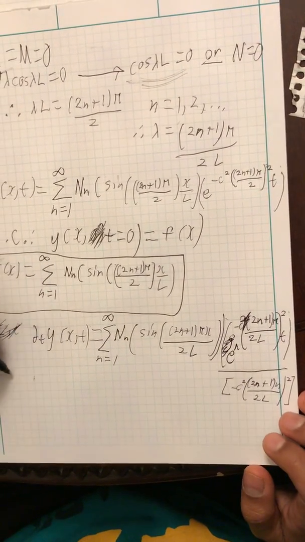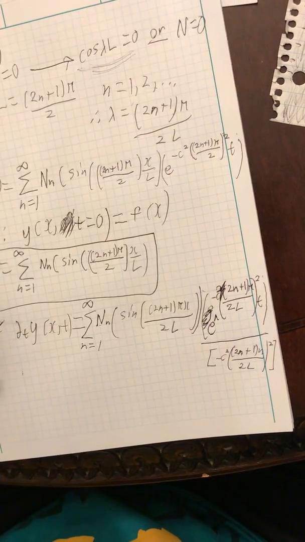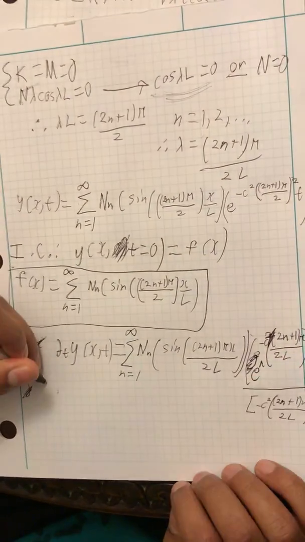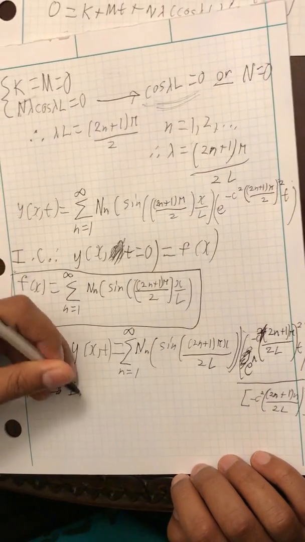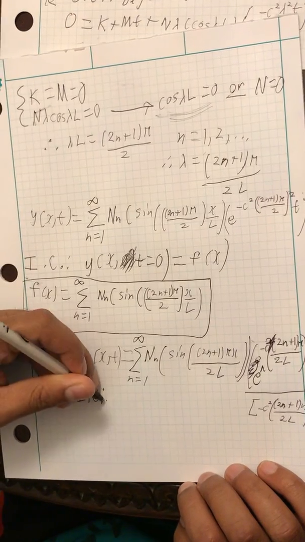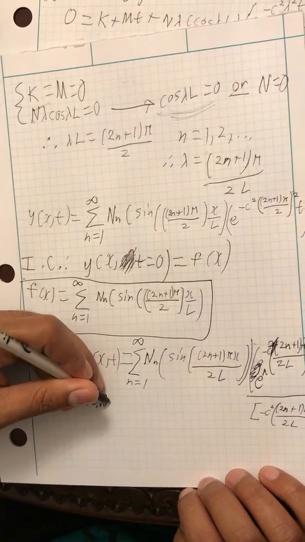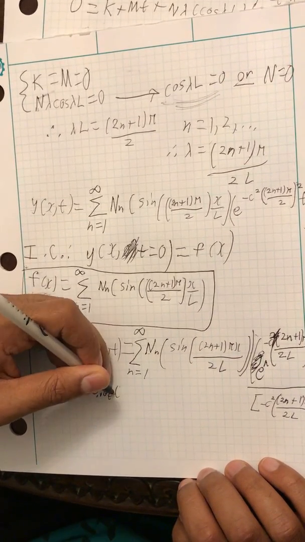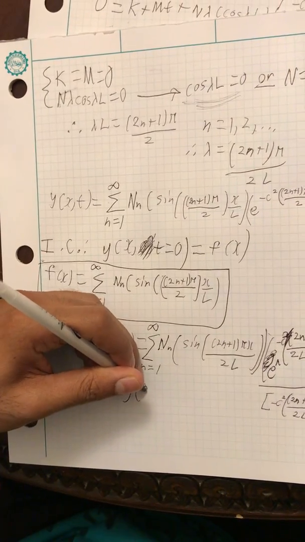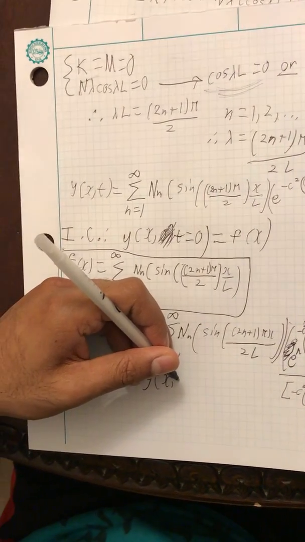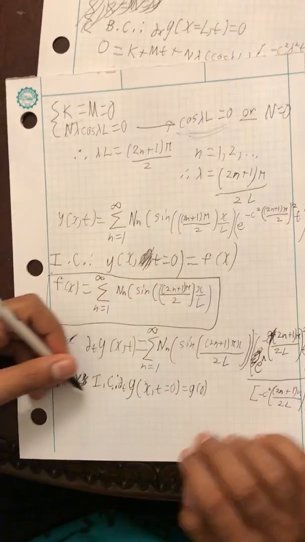So now, from this, when we find the derivative, our next boundary condition, or initial condition I should say, is dy/dt of (x,t) at t equals 0 equals g(x).